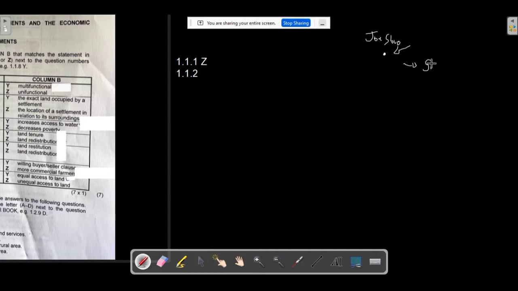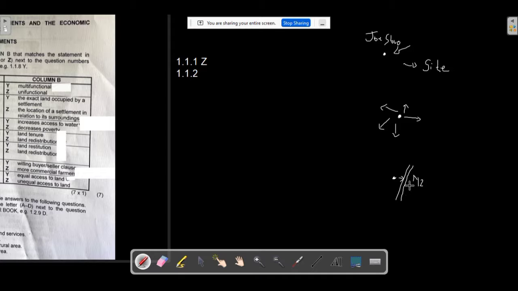It's the exact location, whereas a situation is a location in relation to its surroundings. I would say that my situation is I live right next to the N2 road. As you can see, I'm being relative to my surroundings.